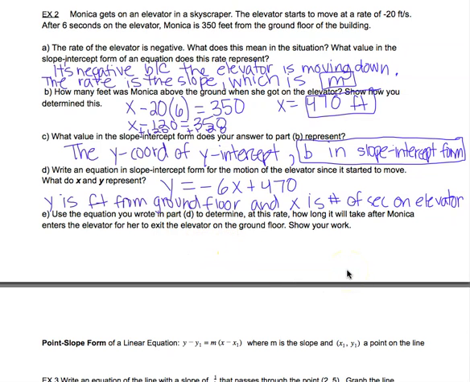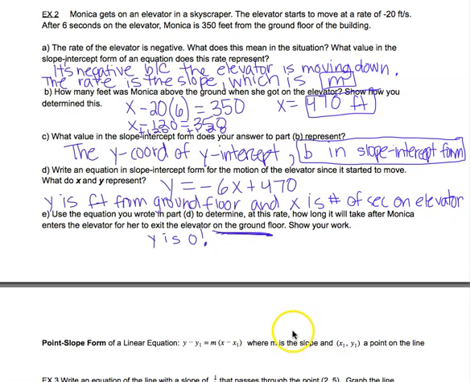the ground floor is. So now in part E, once we've written an equation, the purpose of that is to use it. So we're going to determine at this rate how long it will take after Monica enters the elevator for her to exit the elevator on the ground floor. What I want you to realize here, on the ground floor means that y is 0.